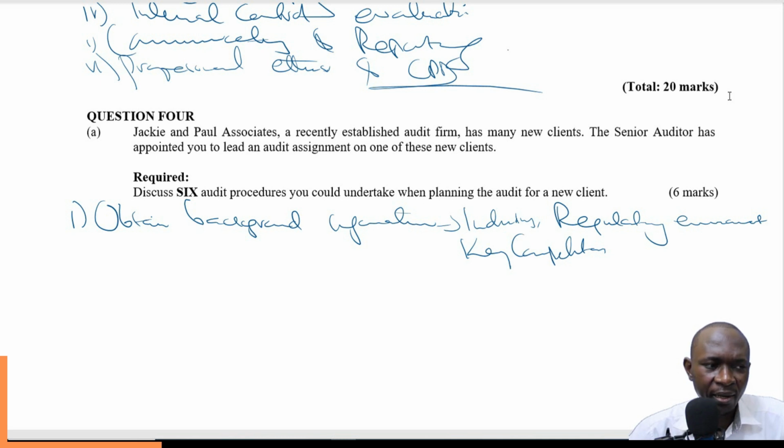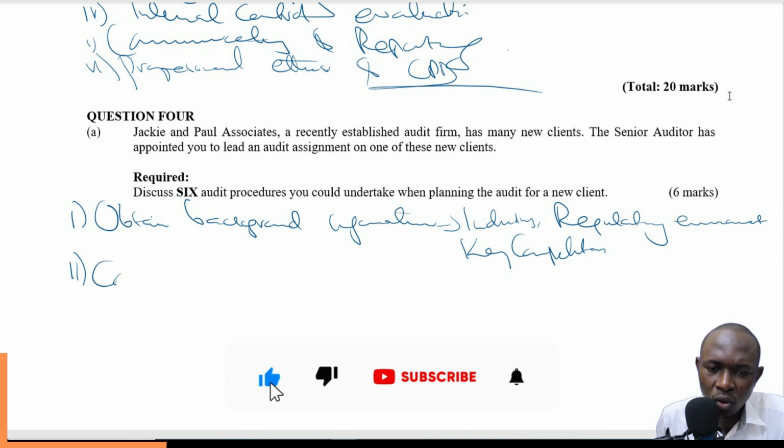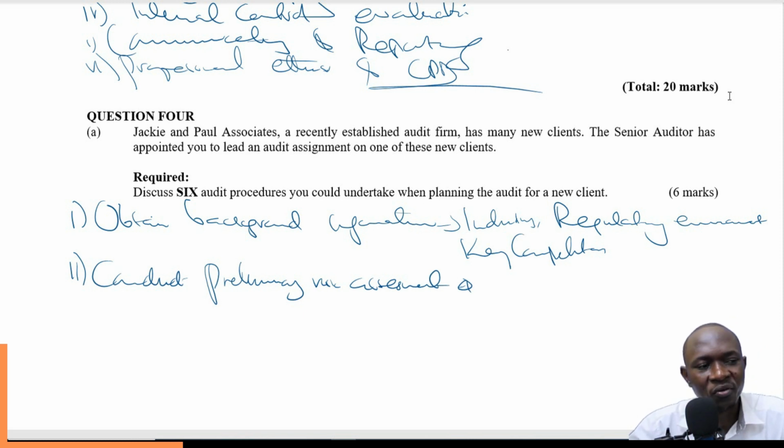And then also we talk of conducting a preliminary risk assessment. Number 2, conduct preliminary risk assessment. What are the possible risk areas of this business? And normally what we do is we go for financial statements, and you'll be able to see some of the possible risky areas.